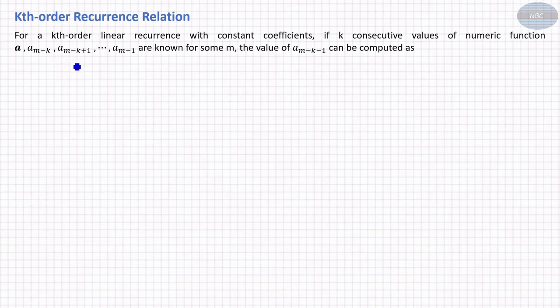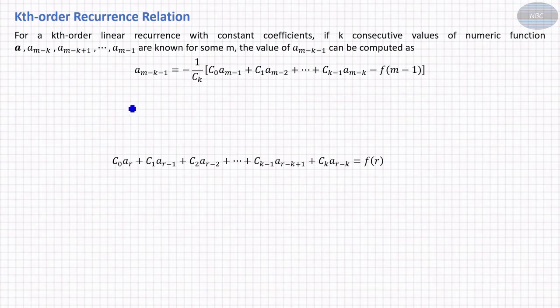So how do we calculate this one? The previous value of a_{m-k}, that is a_{m-k-1}, is computed as follows, and can be derived from the general form of the kth order linear recurrence relation with constant coefficients. For this let us put the value of r equal to m minus 1.